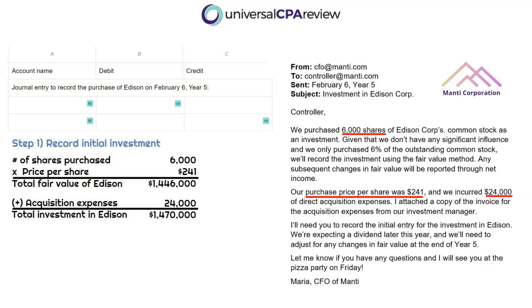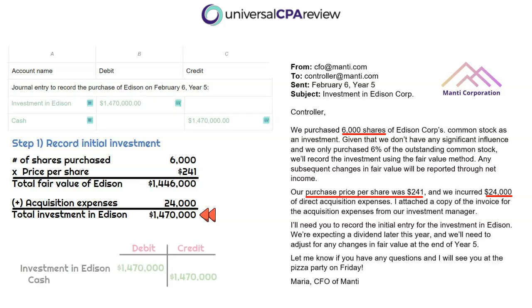So when we think about the total investment, if they purchased 6,000 shares at $241 per share, that means the total fair value of the Edison stock was $1,446,000. But we also include those direct acquisition expenses because they're directly incurred with this investment, and we would record that as part of our investment on the balance sheet.